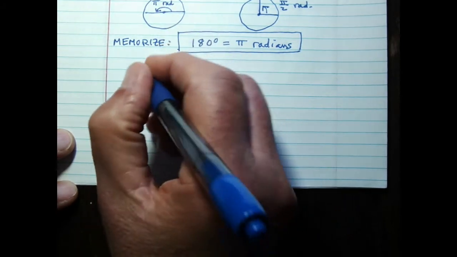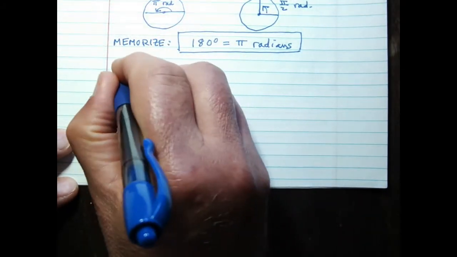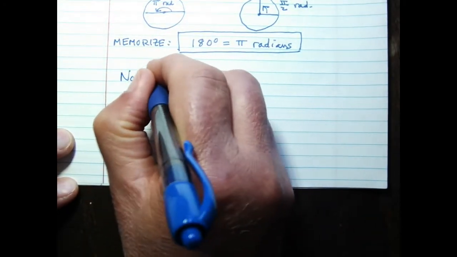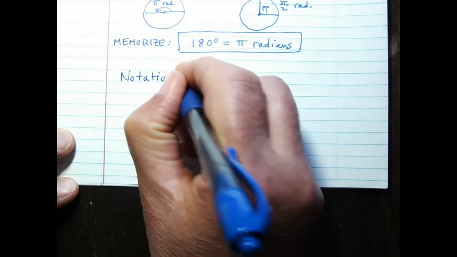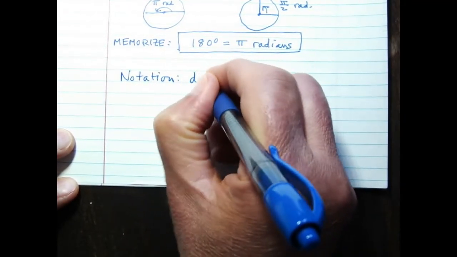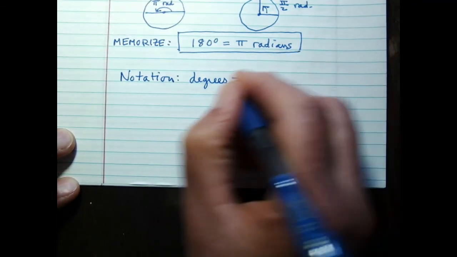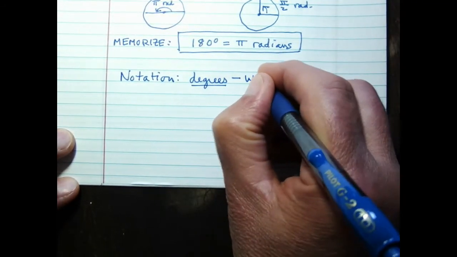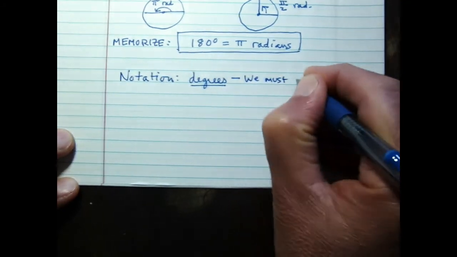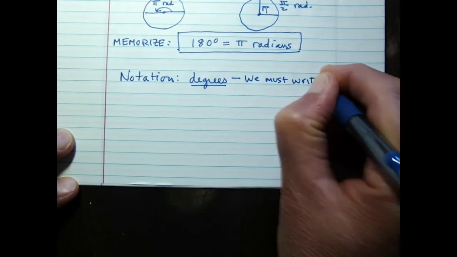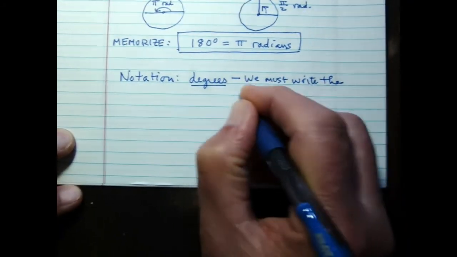And before we start doing some conversion problems, I just want to say something about notation that we use. When we write degrees, we must write the degree symbol.